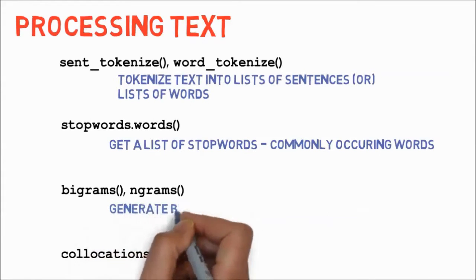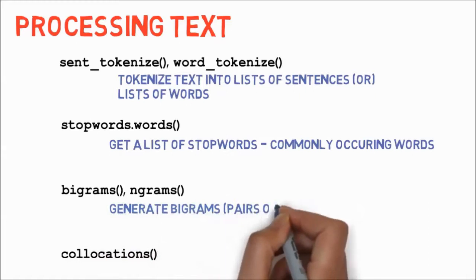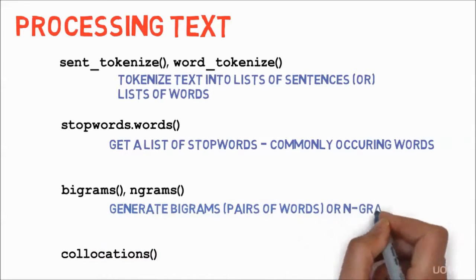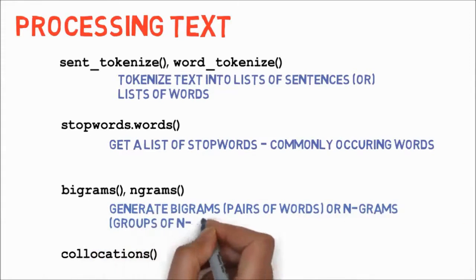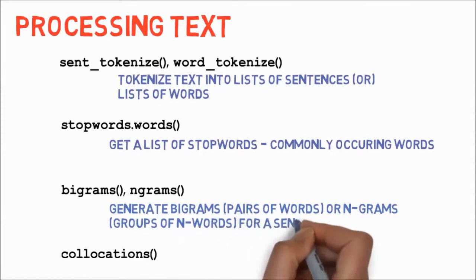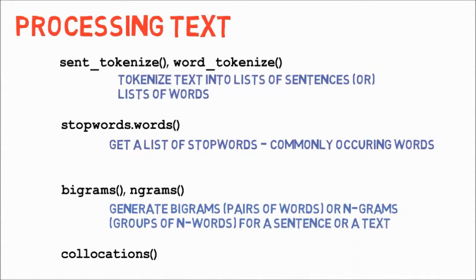Bigrams help you generate pairs of words for all the words which are present in a piece of text. So all possible pairs of words from the distinct words in a piece of text, or all possible groups of n words from the distinct words in a sentence or a piece of text. These are bigrams or n-grams.